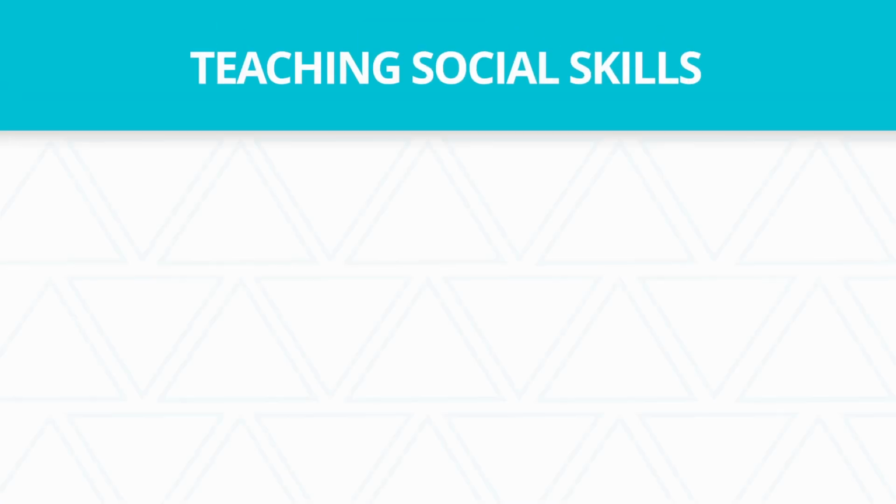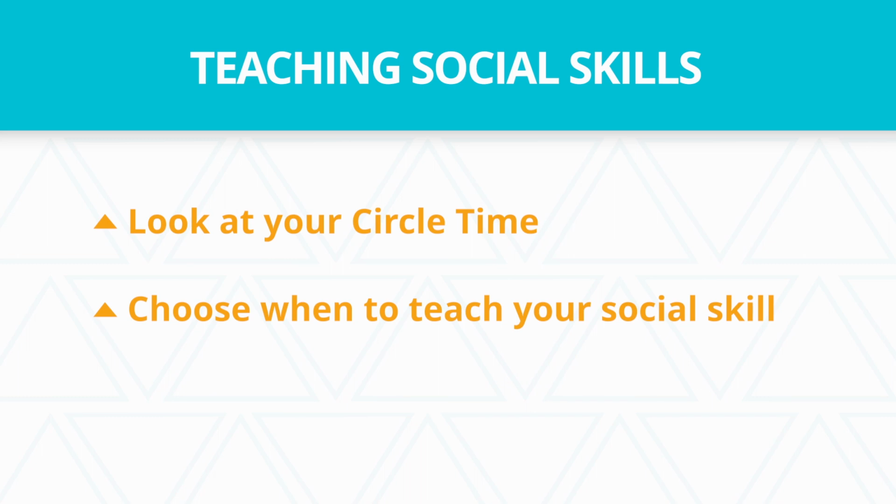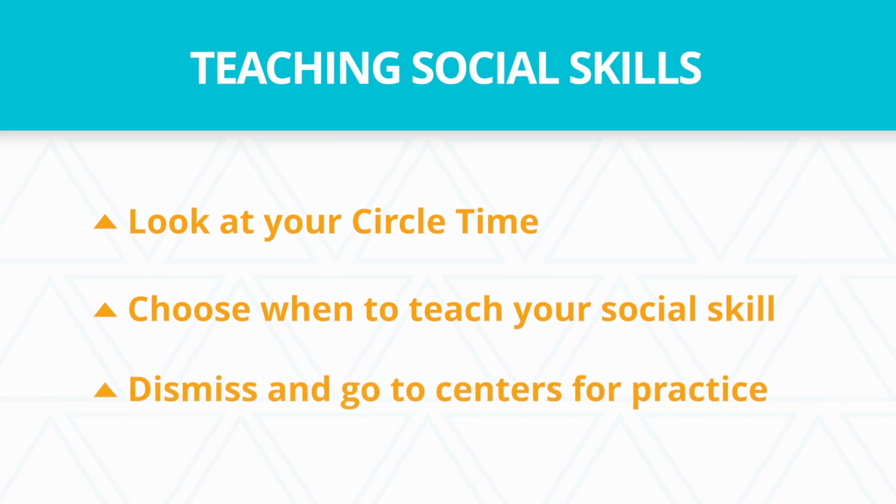Now, not only do we want it in our large group time, we also want to teach that social skill when we're going to have an opportunity to practice. So my recommendation is you look at your circle time, you choose when to teach your social skill, and maybe right after you teach your social skill, you dismiss and go to centers, to some free play activity where children will be able to practice their social skill.